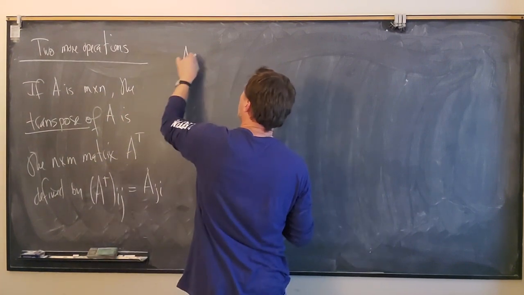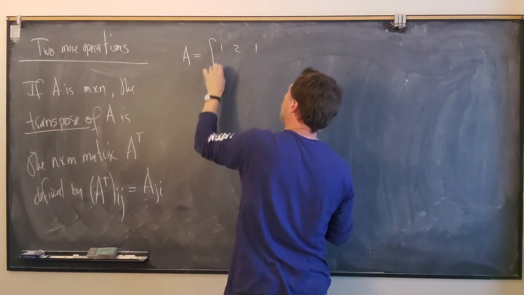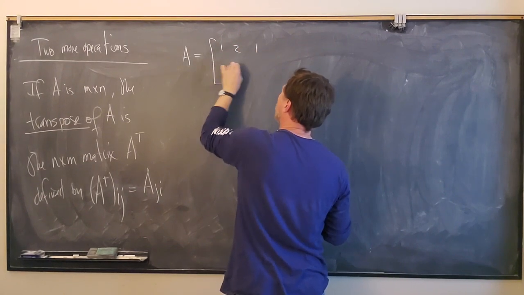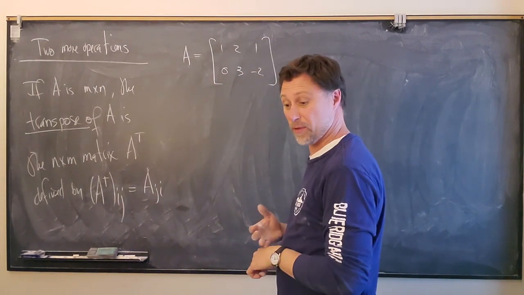Let's say that A is, how about let's go like this, 1, 2, 1, 0, 3, minus 2. All right, so there's A. It's a 2 by 3 matrix.